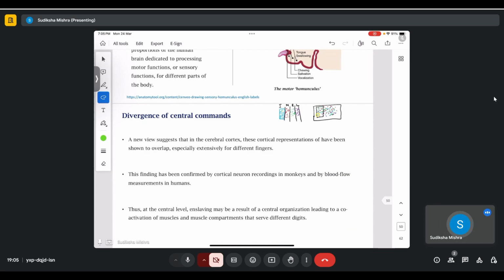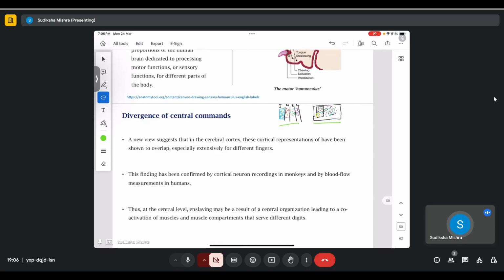While the neuronal supplies might be different for the index, the middle finger, the ring finger, and the little finger, in the motor cortex they might arise from a single area, and these cortical representations therefore overlap.